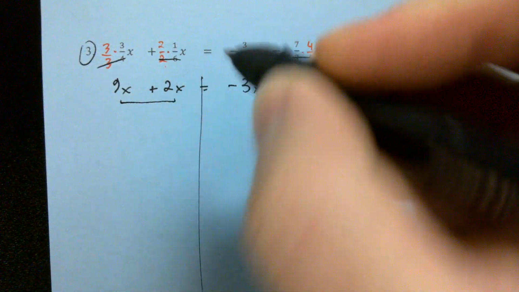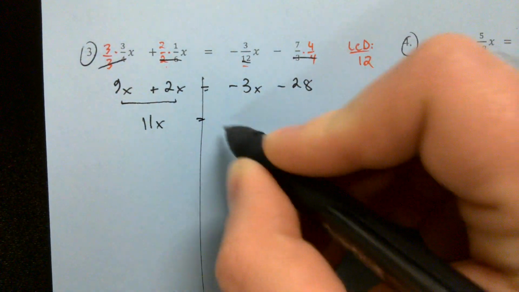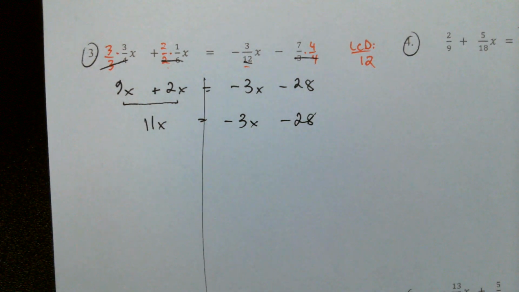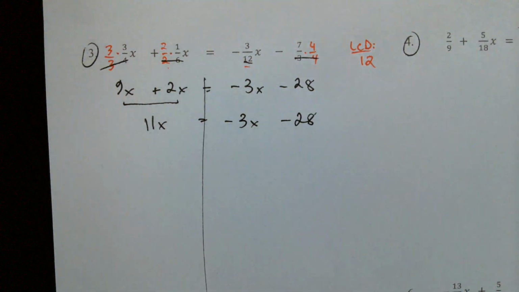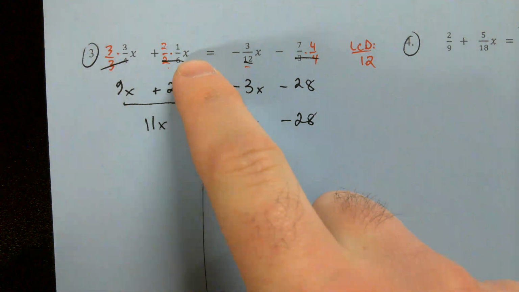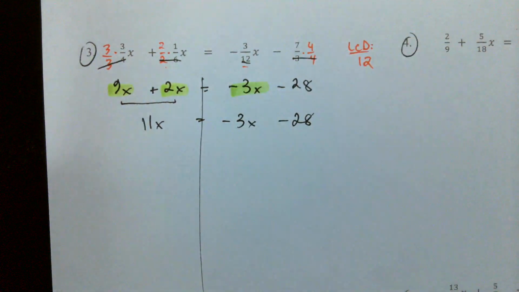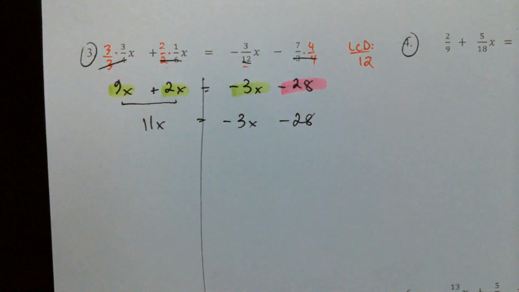I'm going to combine these like terms first to get 11x. Making sure that we actually have both those x's there. Again, the number one mistake people make with this is dropping this x when they see it because they assume that it's going to be a constant term next to that variable term. Not always.